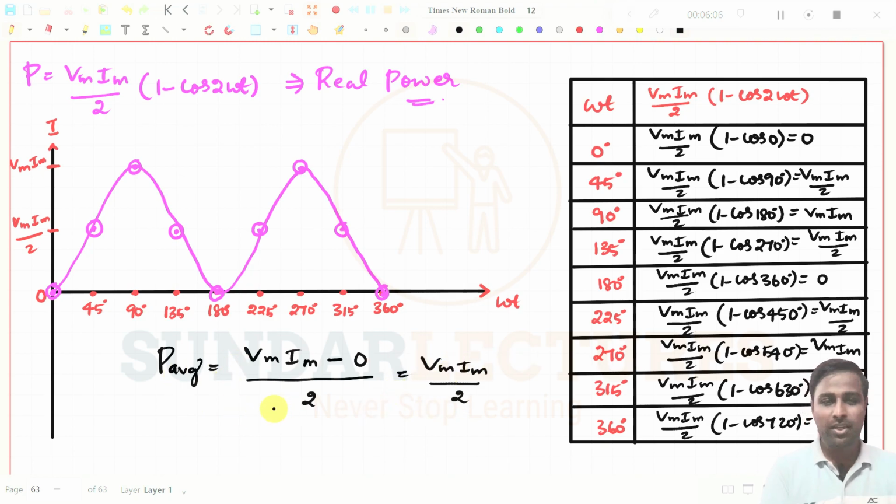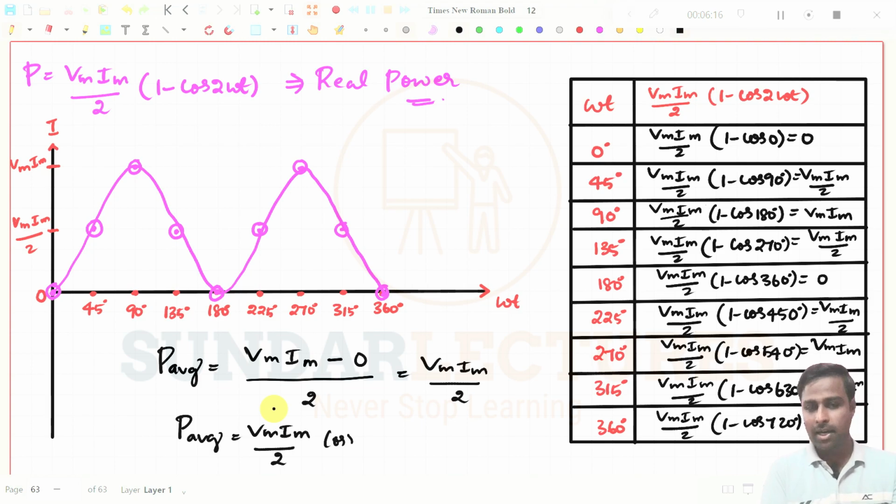So the average power is equal to VM IM by 2, or you can write it like this: VM by root 2 into IM by root 2. And what is VM by root 2? VM by root 2 is nothing but VRMS. We have seen this.